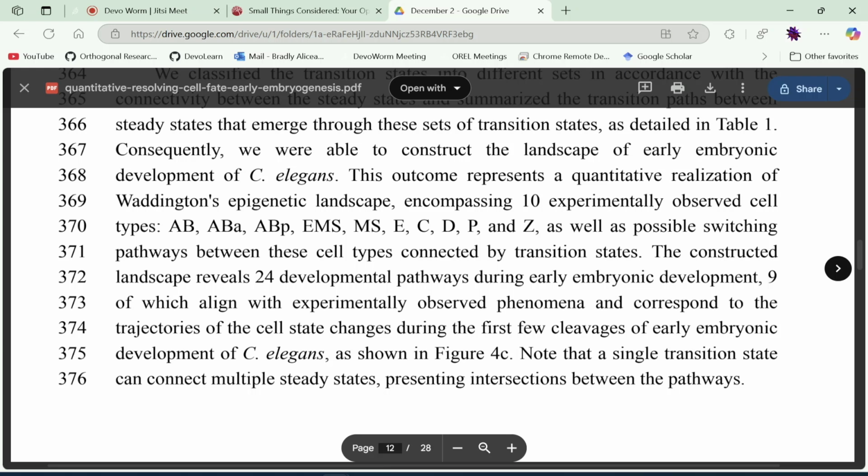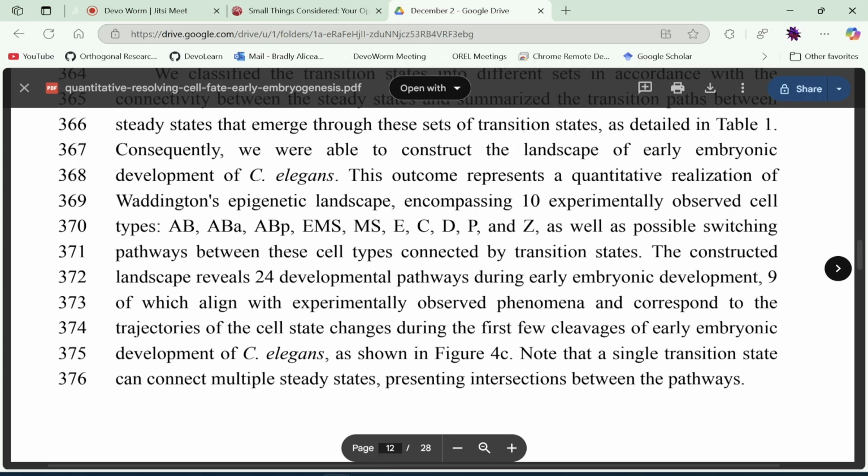So all these 8 founder cells are connected through the lineage tree, and we want to find the ways in which they are transitioning between one another. They start with P0, where the egg is fertilized, and then there's this 2-cell stage where you get these initial asymmetries, and then you go to the 8-cell stage where you get these founder cells, and they all have to switch their program from the 1 cell down to the 8 cell.